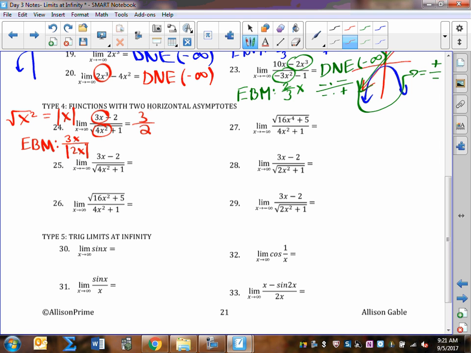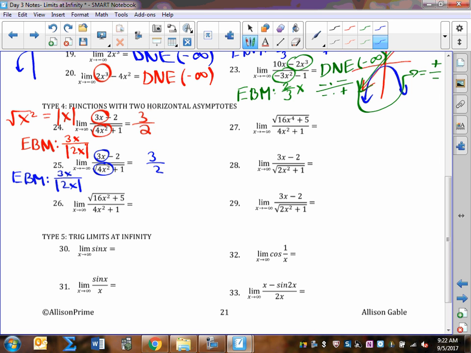Now our issue comes into play for one like 25. You can see it's that same problem, but now we're investigating negative infinity. So again, with that end behavior model, we have the 3x over the absolute value of 2x. We can expect our horizontal asymptote is going to be 3/2, but is it going to be positive 3/2 or negative 3/2?